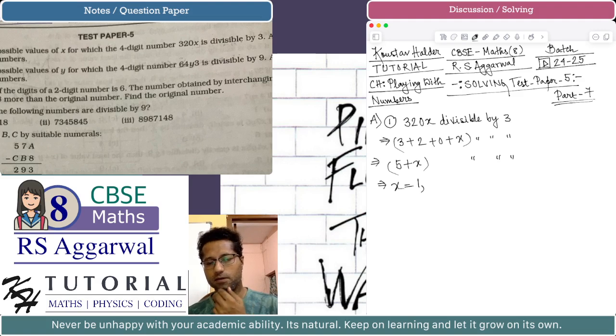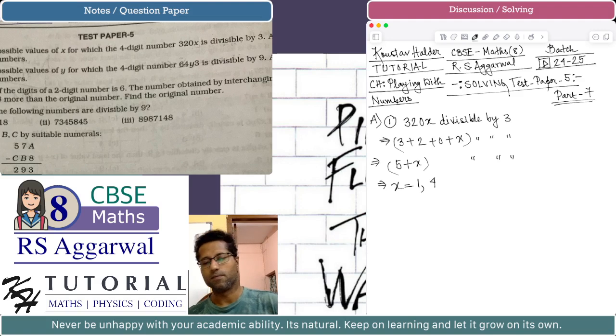Now, what is the next value of 5 plus x which is divisible by 3 after 6? The next number which is divisible by 3 is 9. So, 5 plus x has to be 9. So, x will be 4.